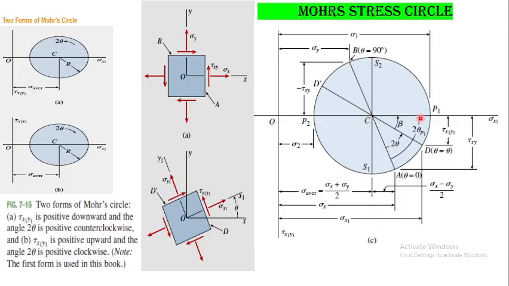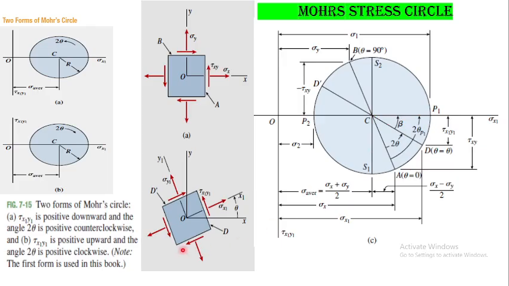So this length will be radius cos of beta, which will give you sigma x1, and radius sine of beta will give you tau x1y1. So simple trigonometric calculations. From here to here it will be r cos beta.